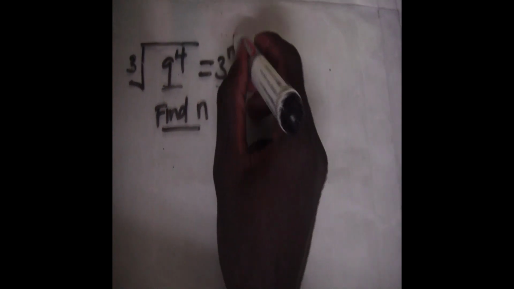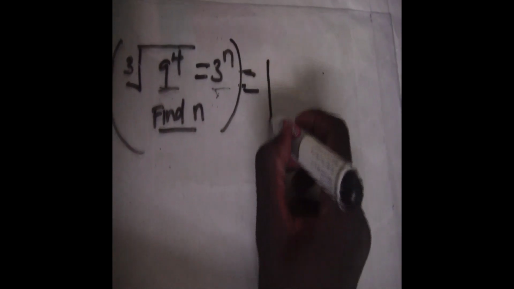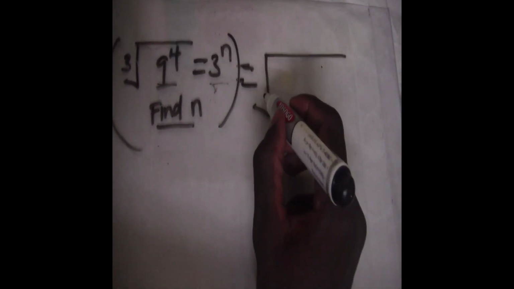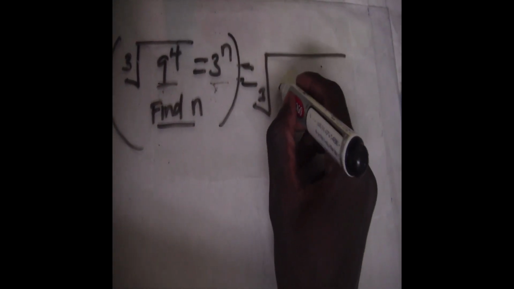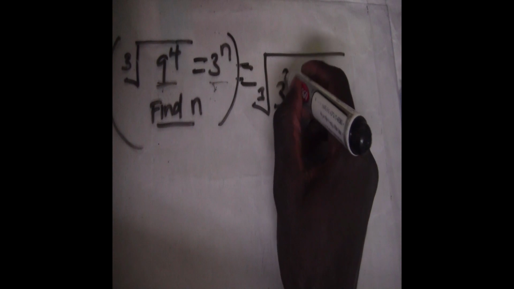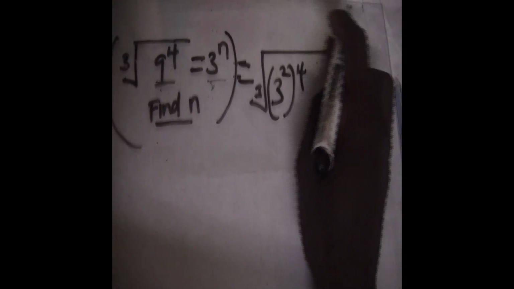You can make 9 into base 3. 9 in base 3 is 3 raised to power 2, so it's 3 raised to power 2 in bracket to the power 4, all under the cube root, is equal to 3 raised to power n.